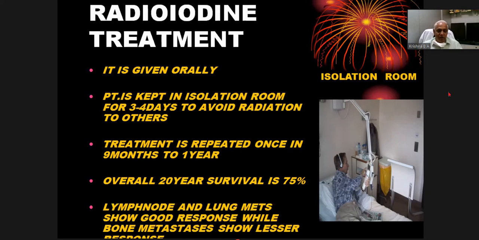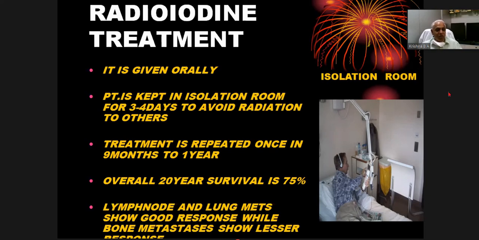This is done because the patient's saliva, the sweat, the urine, all of them contain radioiodine, which is not taken up by the metastatic tissue. Now, this would be in and around his bed, on the floor, everywhere. And this is a highly contaminant isotope.